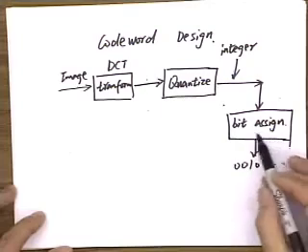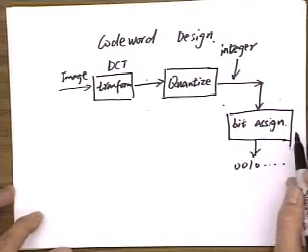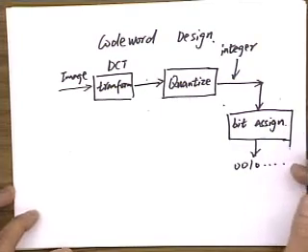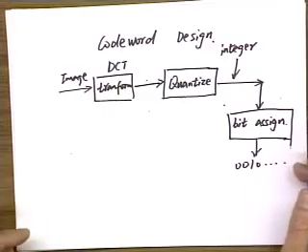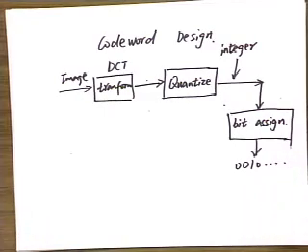Now I talk about the bit assignment. For the bit assignment, we have two options. The first one is uniform: we just assign an equal number of bits to each quantization level. And we can do it in a non-uniform way. The intuition is that some symbols appear more than other symbols.